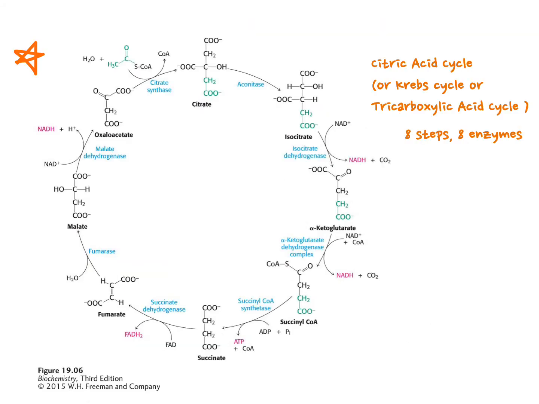This is the citric acid cycle, also called the Krebs cycle or tricarboxylic acid cycle. It totals 8 steps and involves 8 enzymes. Since we already watched the YouTube video and learned every step of it, I'm not going to explain every step.